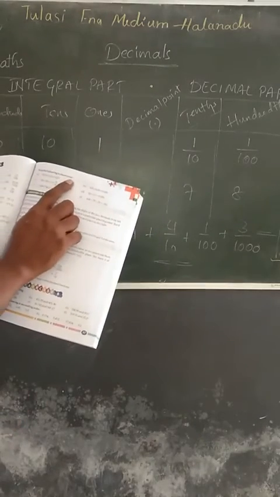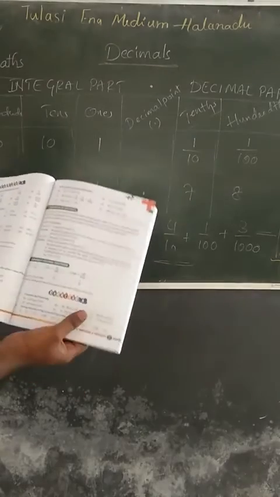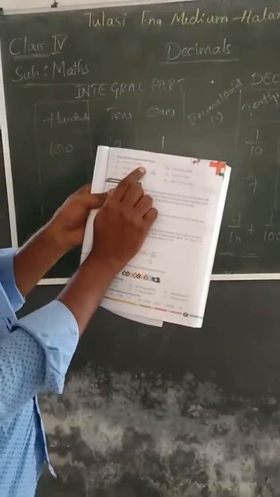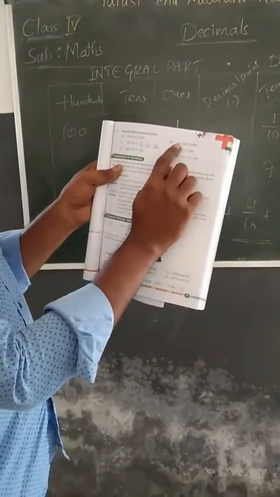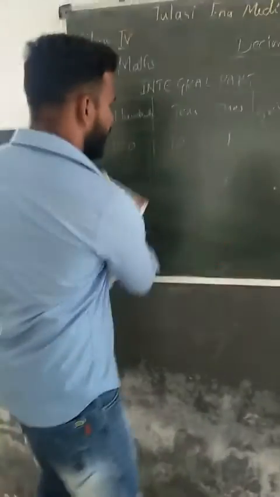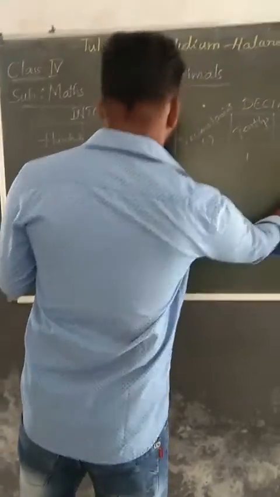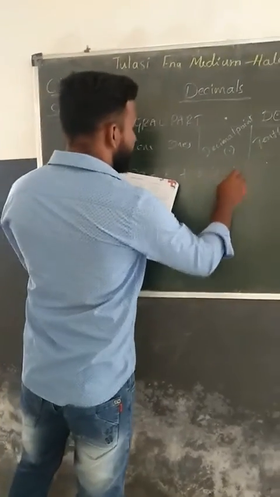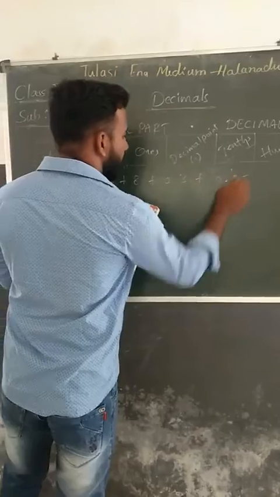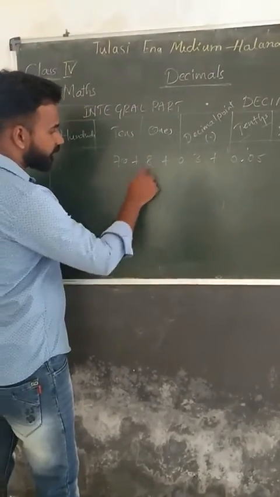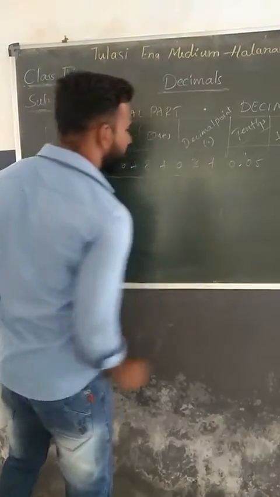Write the following in short form, just the reverse. 70 plus 8 plus 0.3 plus 0.05. 70 plus 8 is the integral part, then the decimal part.